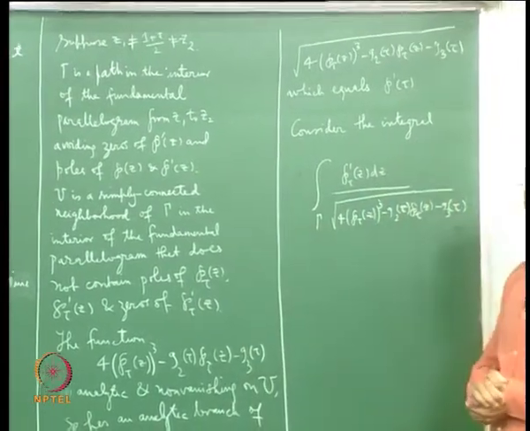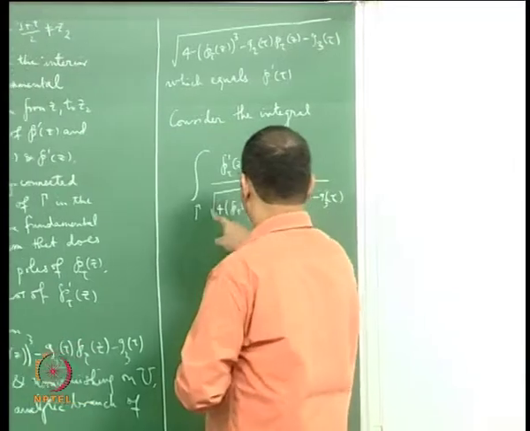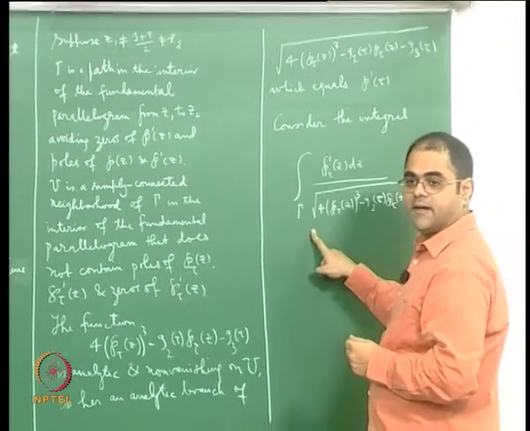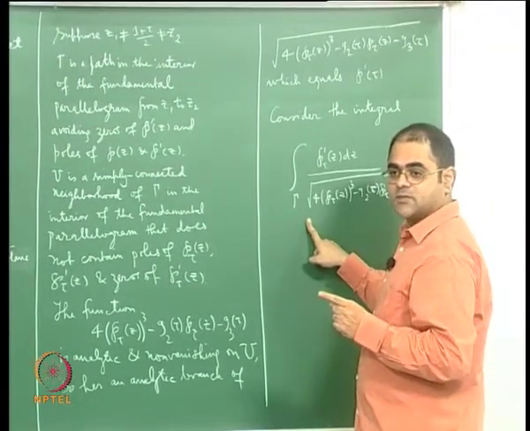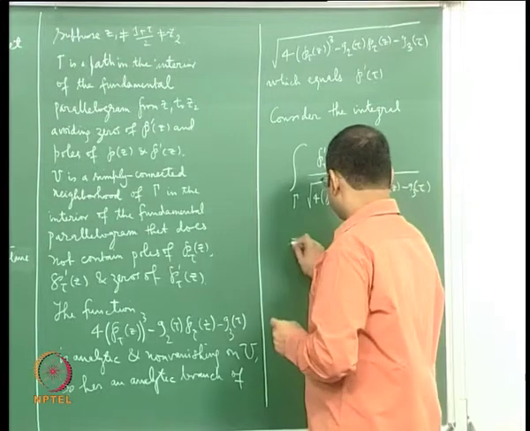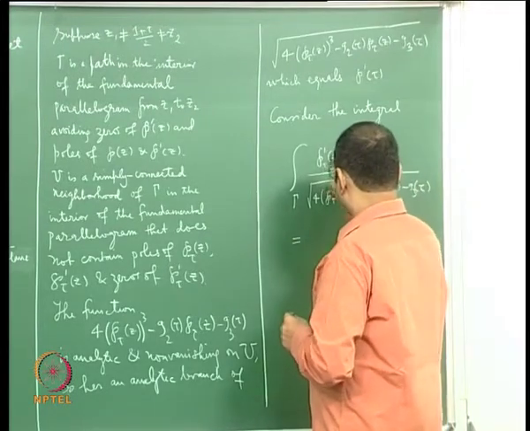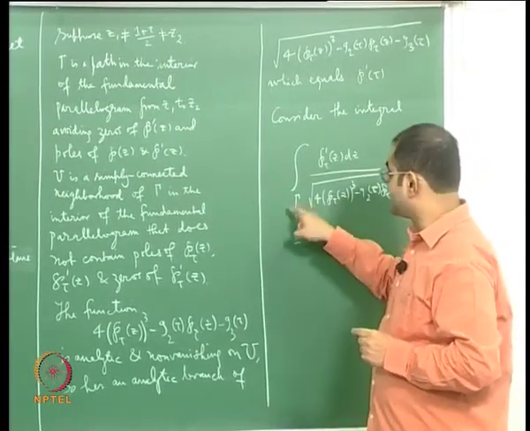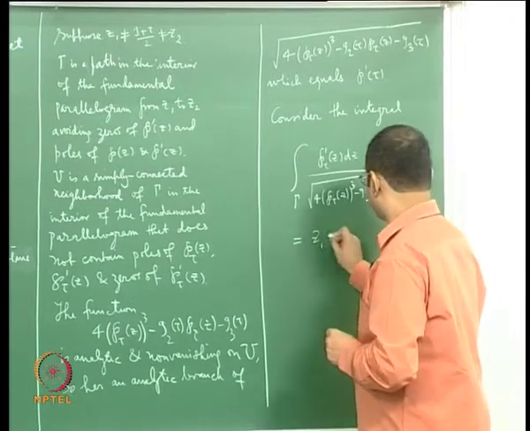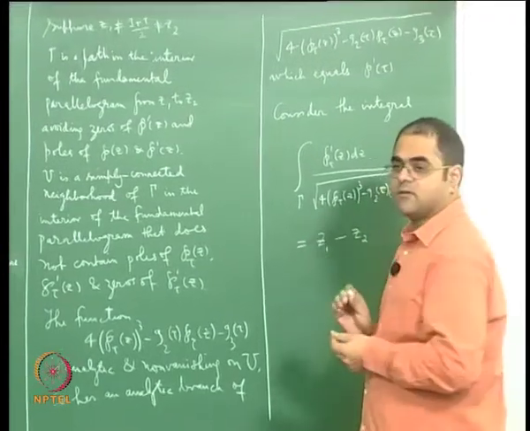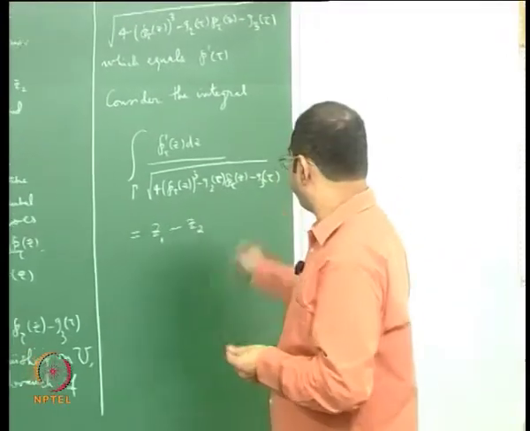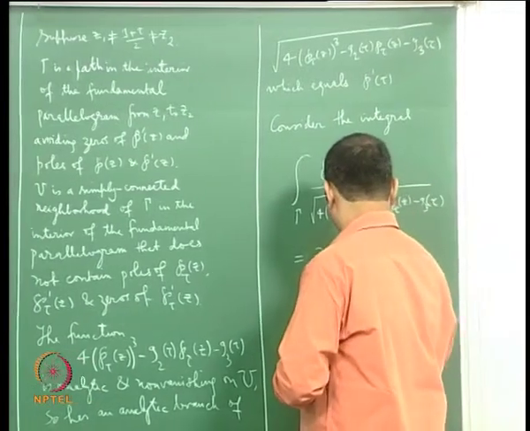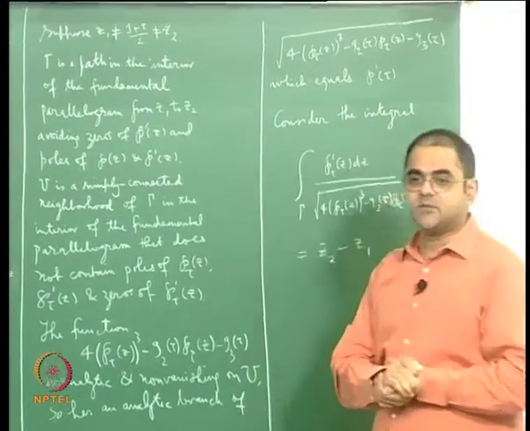Look at this integral, okay. In the denominator I take the analytic square root which is equal to phi prime tau of z. So the denominator is also phi prime tau of z, so it is just the integral of dz, and gamma is varying from z1 to z2. Because we have taken the analytic branch like this, and the terminal point is z2, you will get z2 minus z1.